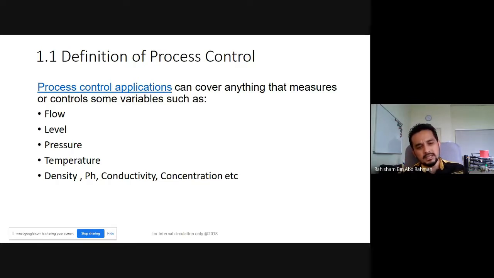So we need to pump in, and we need to control temperature, density, liquid density, alkalinity, pH level, conductivity, concentration, and so on. So we have many control variables. If you look carefully here, level control is normally related to liquid and gas, mostly liquid and gas, right?